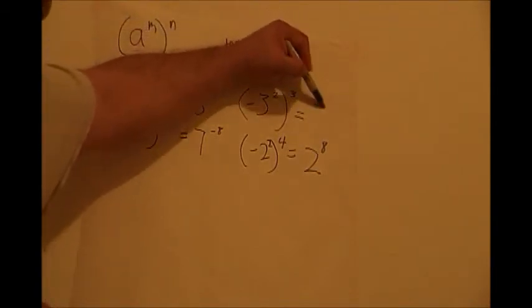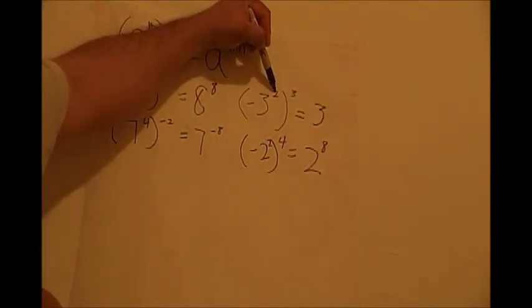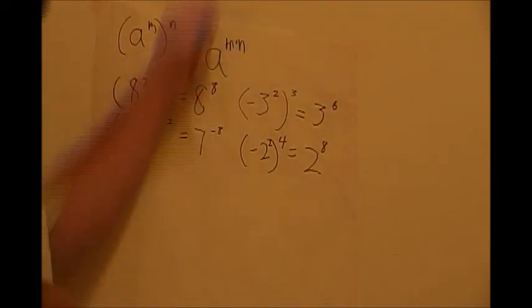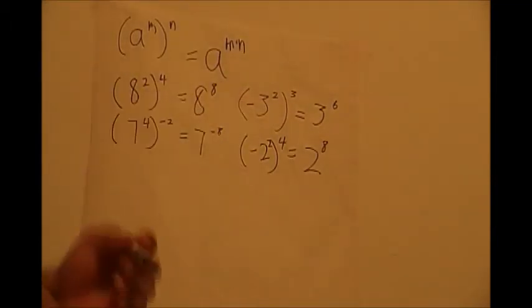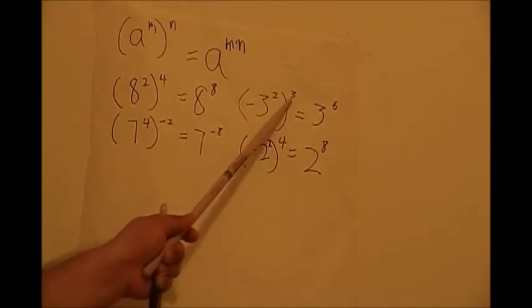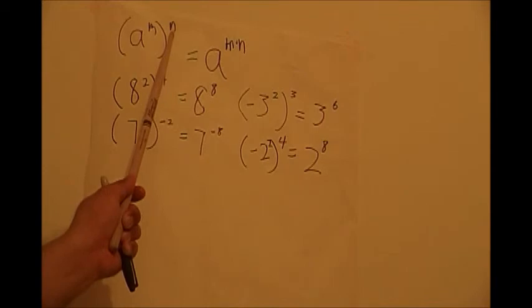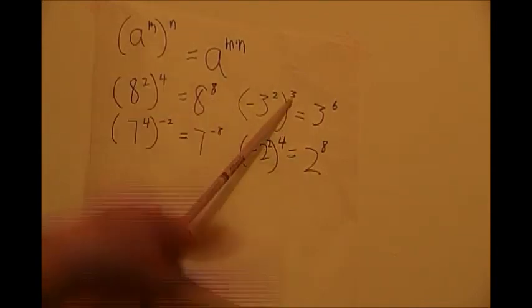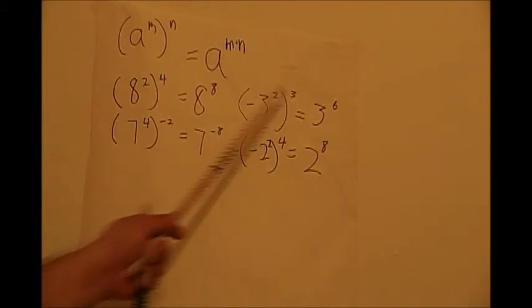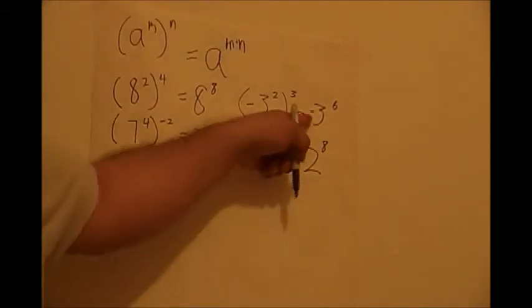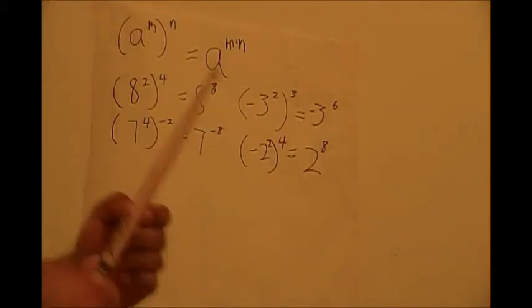So we have 3 to the 2 times 3, which is going to be 6. However, what about this sign right here? It's very important. If you have an odd number for the outer power, n, if you have an odd number, 1, 3, 5, and so forth, then the final answer is going to be negative.